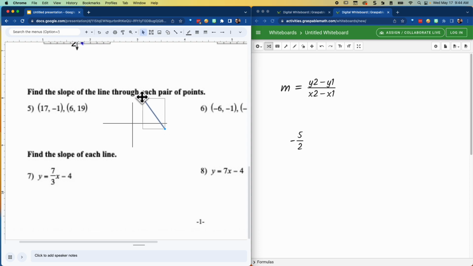So I have this difference. It's dropping from 19 down to negative 1. So let's write in just a couple of things here. I know that this top number is 6, 19 up there, and the bottom one is 17, negative 1.